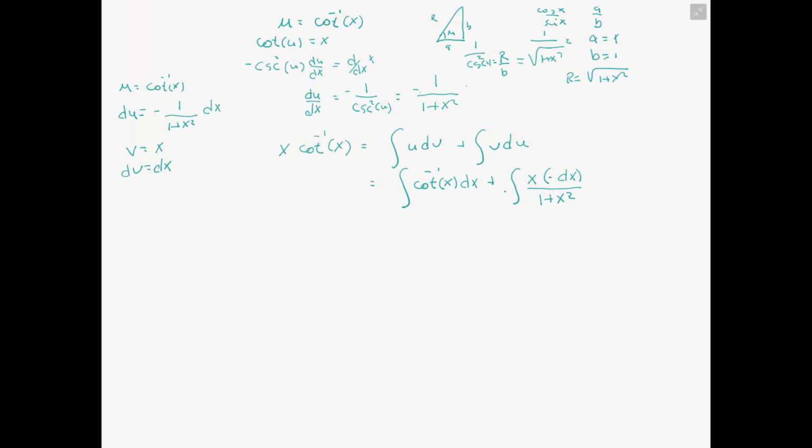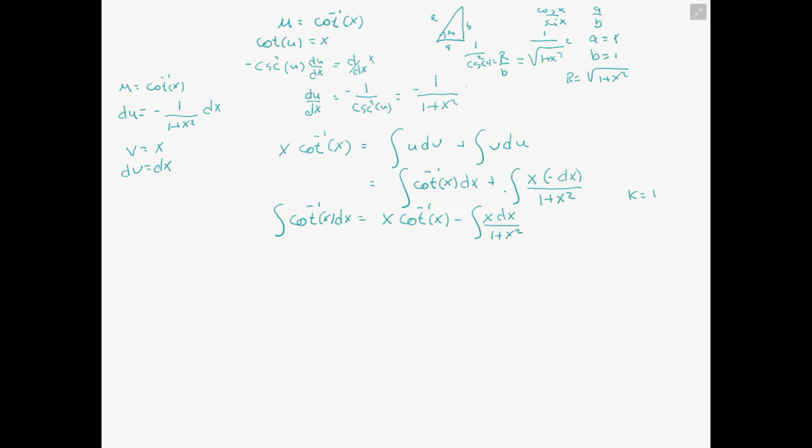Okay, so we can move things around, and we got the integral of the arc cotangent of x dx equals x arc cotangent of x minus x dx on 1 plus x squared.